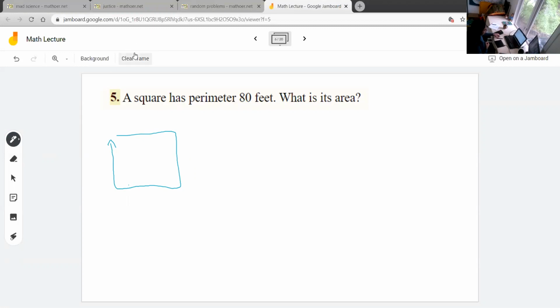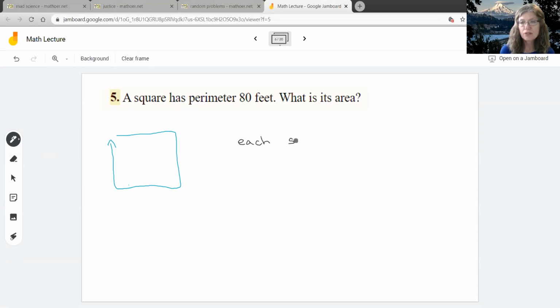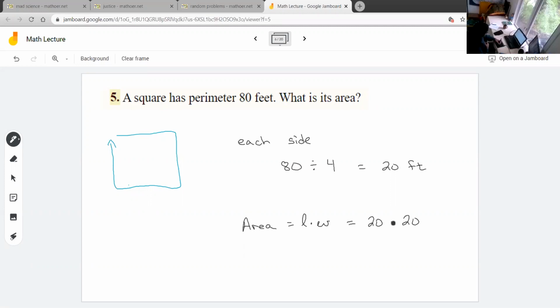There's 4 equal sides, so it's going to be 80 divided by 4, which is going to be 20. And then it's 20 times 20 for the area. So 2 times 2 is 4, 2 zeros on it.